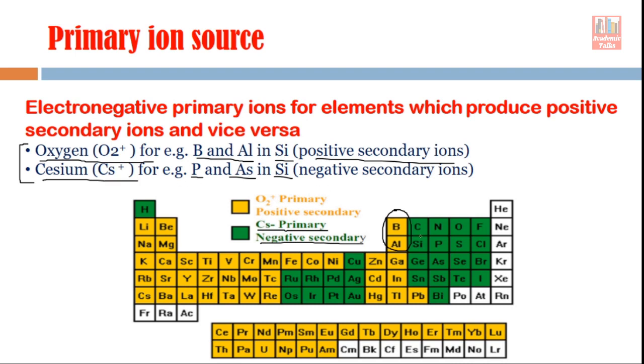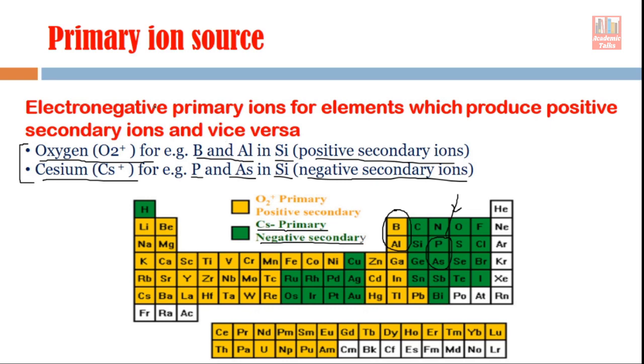You can see here phosphorus and arsenic, they are here, right? And they are in the green color. It means we can use a cesium primary ion source for this purpose, right? And phosphorus and arsenic are actually negative secondary ions in silicon. So that way you can see that what kind of primary ion source we have to use depends on what kind of species or what kind of atoms we have to detect from the sample surface.